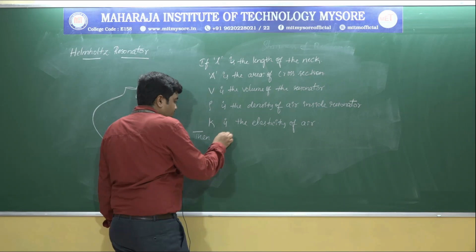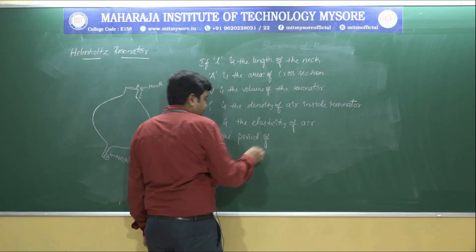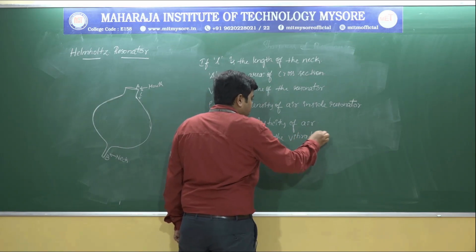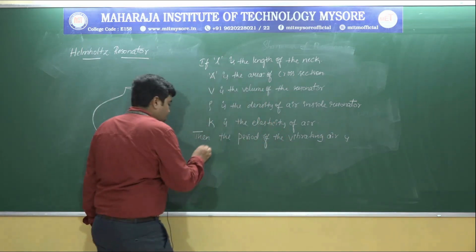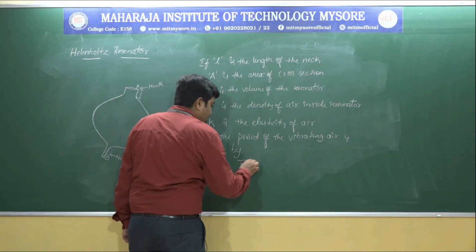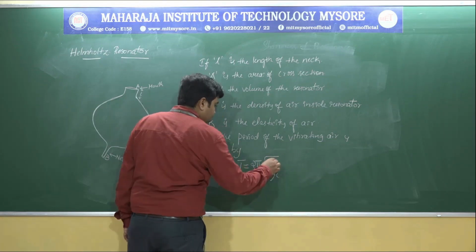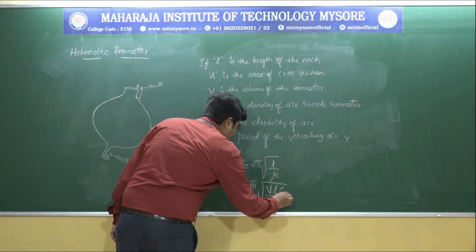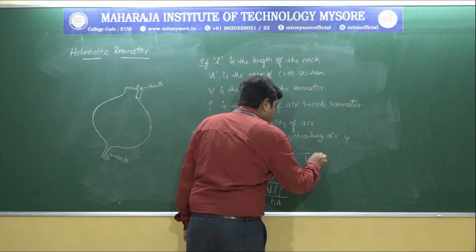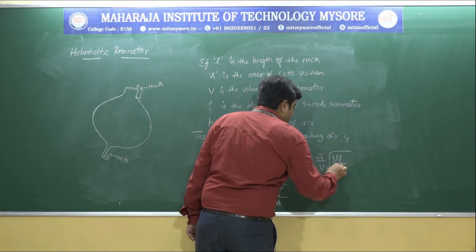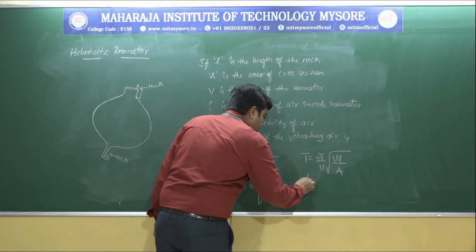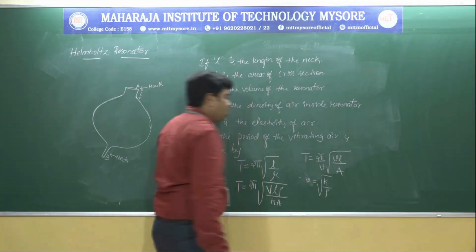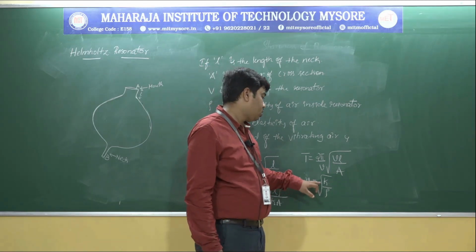Then the period of the vibrating air is given by T is equal to 2 pi into square root of 1 by mu, or 2 pi into square root of VL rho by AK, or T is equal to 2 pi by v into square root of VL by A, because v is the velocity of sound in air, so v is equal to root of K by rho.